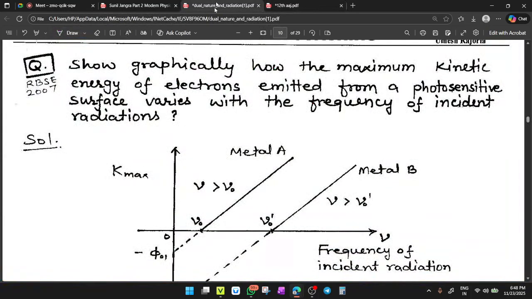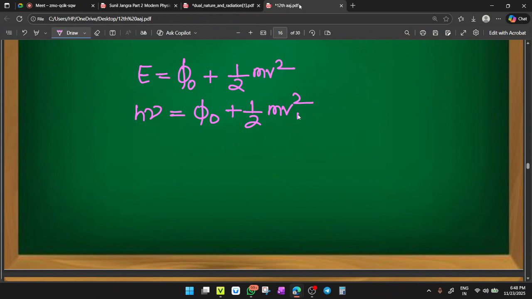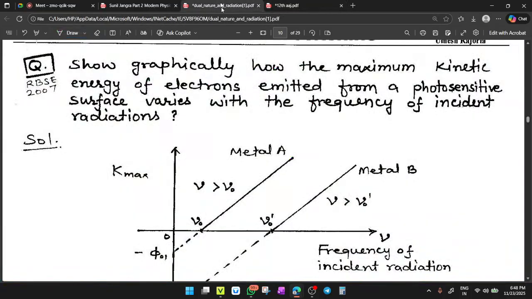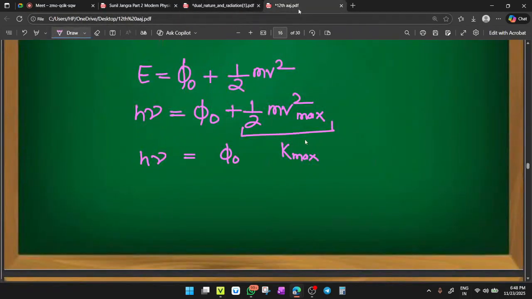So here we have to make the graph between the frequency and K max. In place of half mv square you can write K max. So h nu equals phi naught plus K max. K max equals h nu minus phi naught. This is the value of maximum kinetic energy.